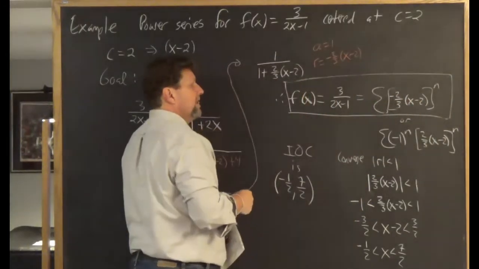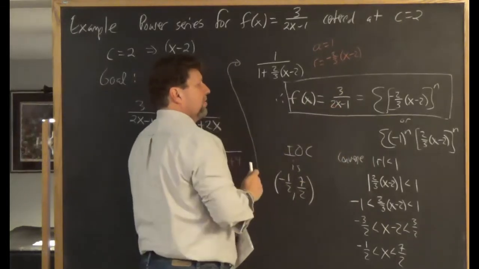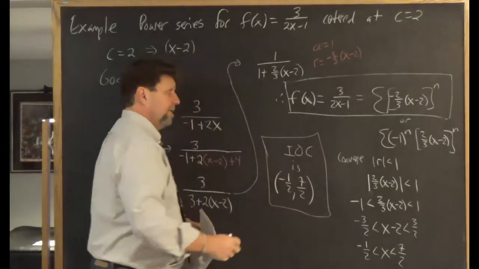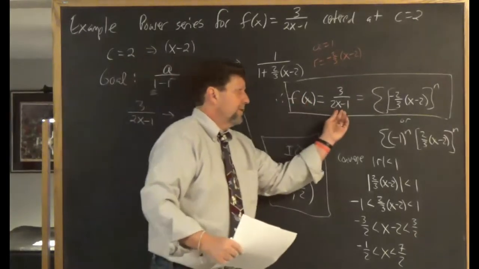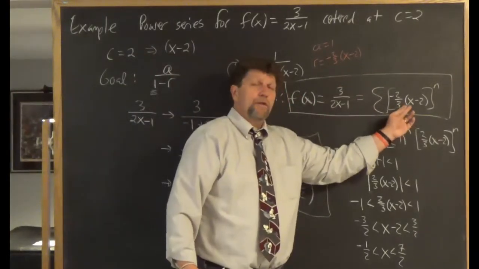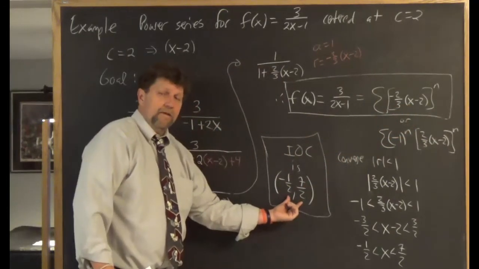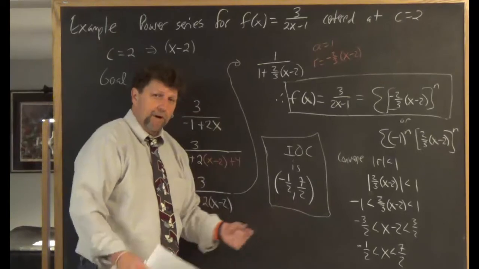So there's the power series representation for the function 3 over 2x minus 1. That's the interval of convergence. This function is exactly equal to this power series for that domain, on the interval of convergence, negative 1/2 to 7/2.